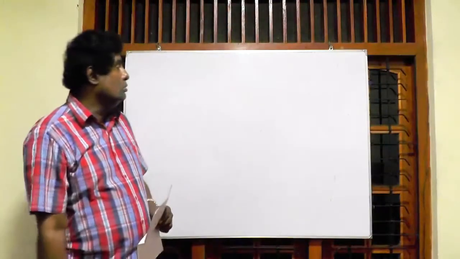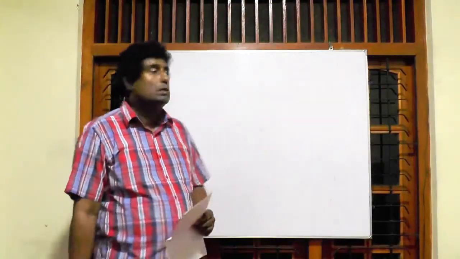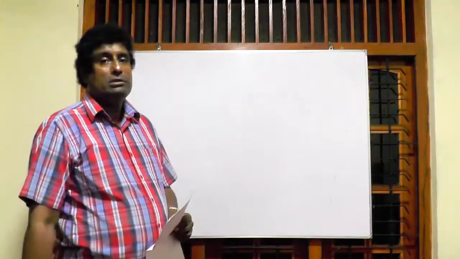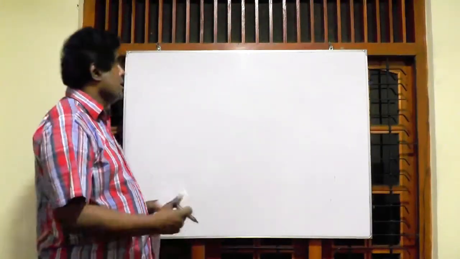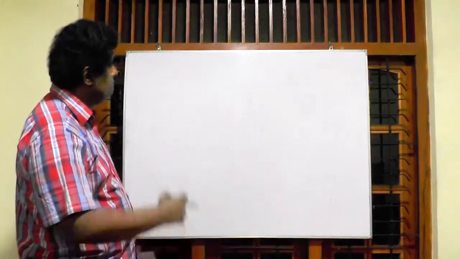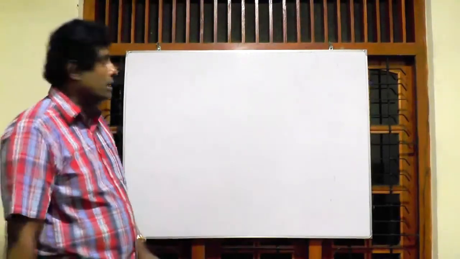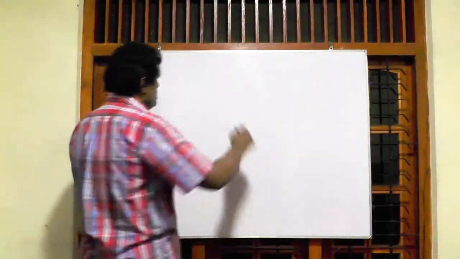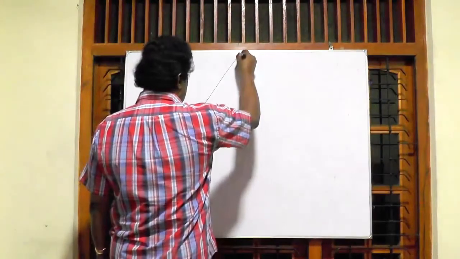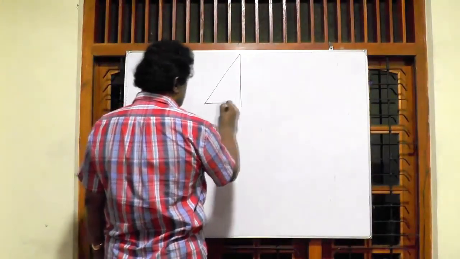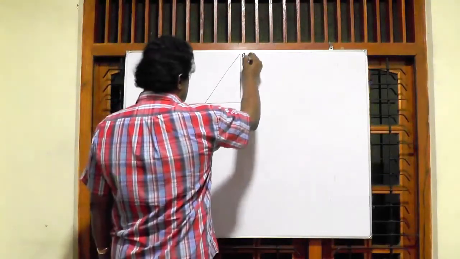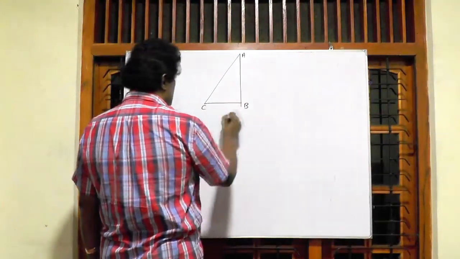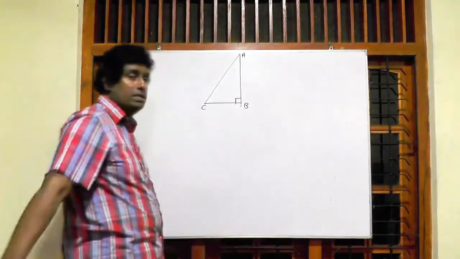Then, at this moment, I would like to talk about Pythagorean triples. When discussing it, at first, I am going to draw here a right angle triangle ABC in which angle B is 90 degrees.